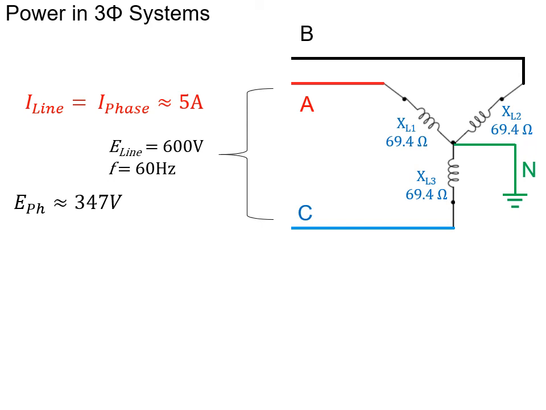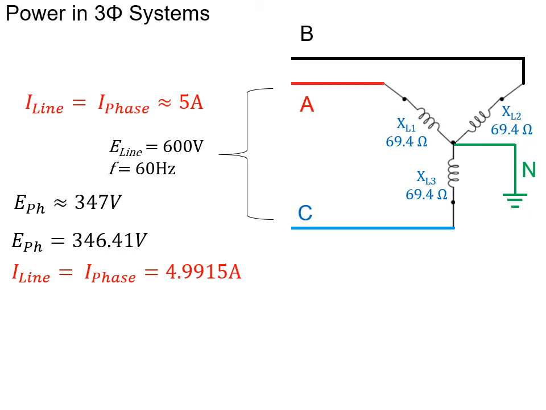But I'm going to go back and recalculate that without rounding. If you take your 600 volts and divide it by root 3, you'll actually end up with 346.41 volts. That actually results in a line current of 4.9915 amps, not 5. So you can see where it's not really a major difference. It's quite slight, actually.